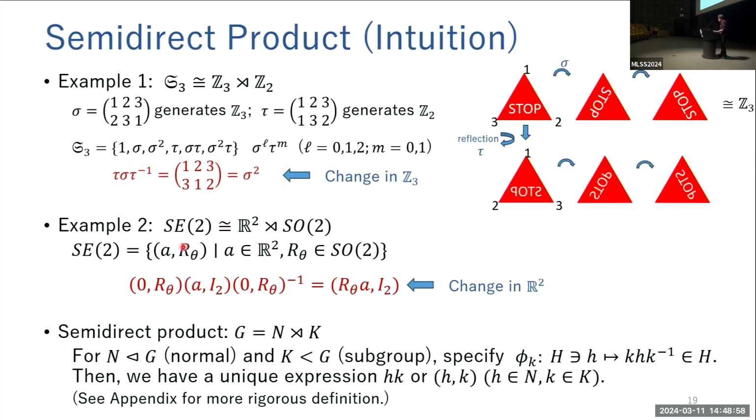Here's another example. We can see that R2 is a normal subgroup of SE2.